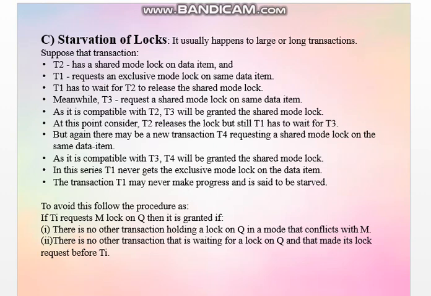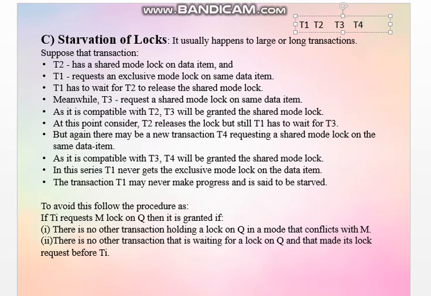So let's consider I have transaction T1, T2 transaction, then T3 transaction and T4 transaction. These are four transactions which are running simultaneously.